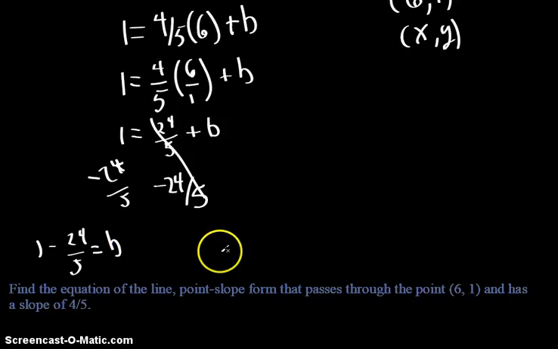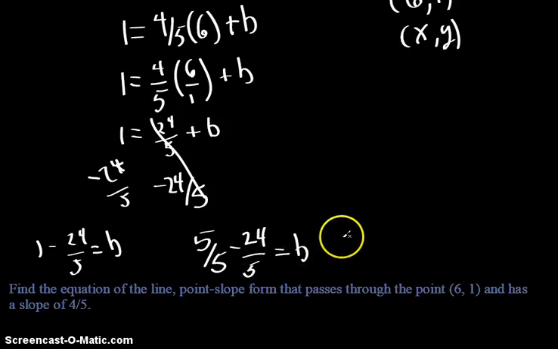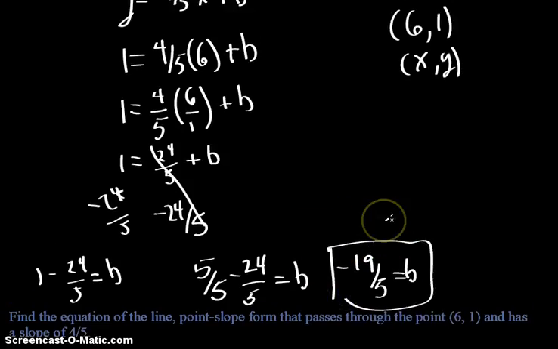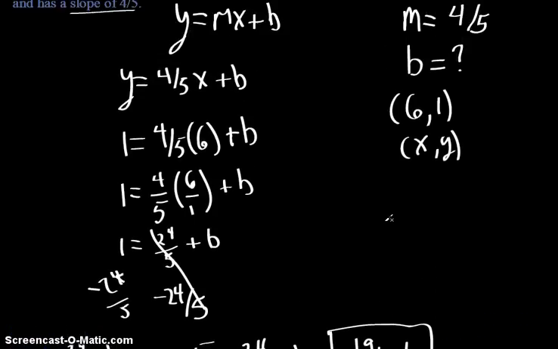So my next step over here, I'm just going to get a common denominator of 5. So 1 is really 5 over 5. So it's 5 over 5 minus 24/5 equals b, which 5 minus 24 is negative 19/5 equals b. And now I have everything I need to know. There's my b, and if I go back up here, I have my m from right here, and I can write my equation.